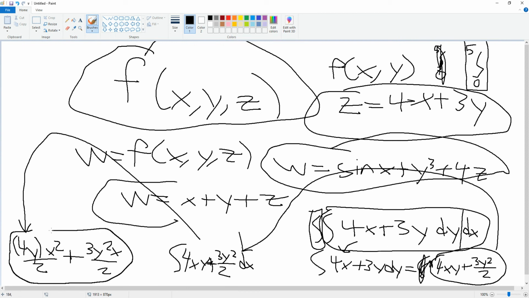So this would represent a function for the area enclosed by this region, and we can put parameters here, like if we want to do 0 to 5 and 0 to 4, this would represent the area of this region from 0 to 5 in the y and 0 to 4 in the x. It's kind of a cool thing.